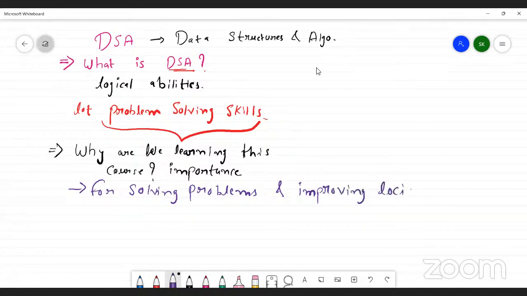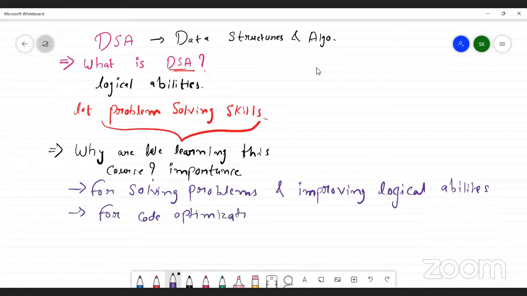Improving logical abilities. For code optimizations, like reducing time complexity. Okay. Any other reasons anyone can think of? I have got two reasons.